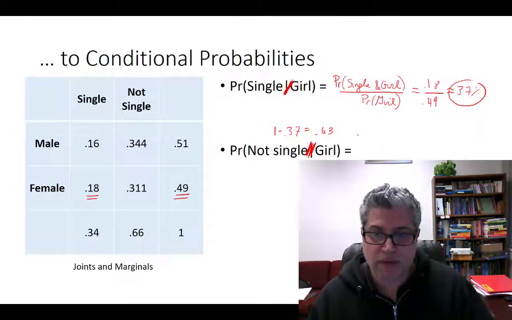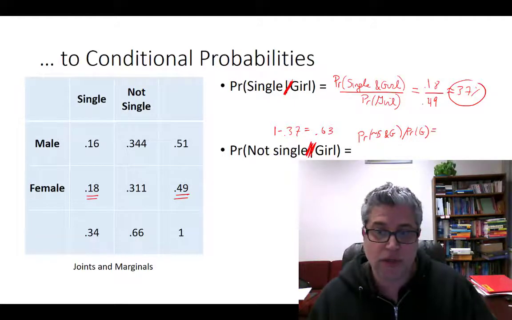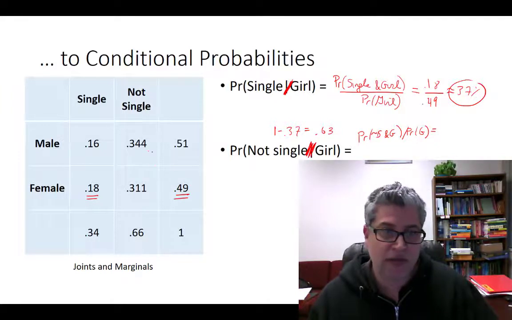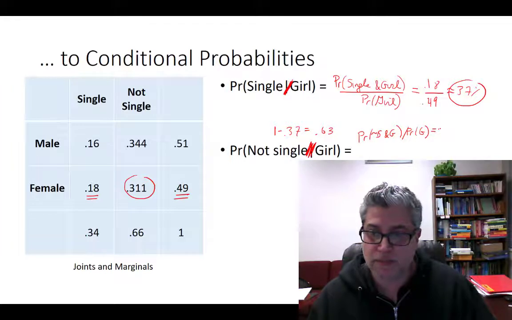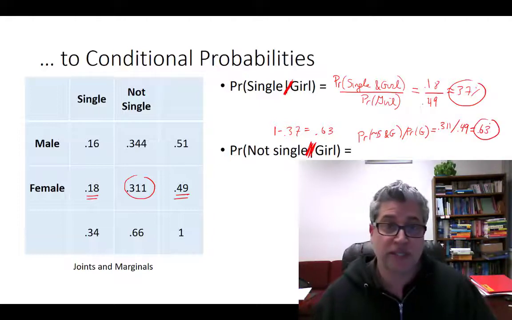So we want to know here the probability of not single and girl divided by the probability that you're talking to a girl. So not single and girl, that's 0.311 divided by the probability that you're talking to a girl, which was our 49%. And this does indeed come out to 63%.